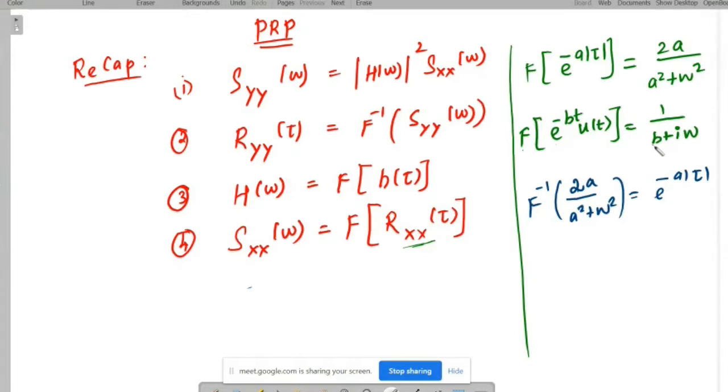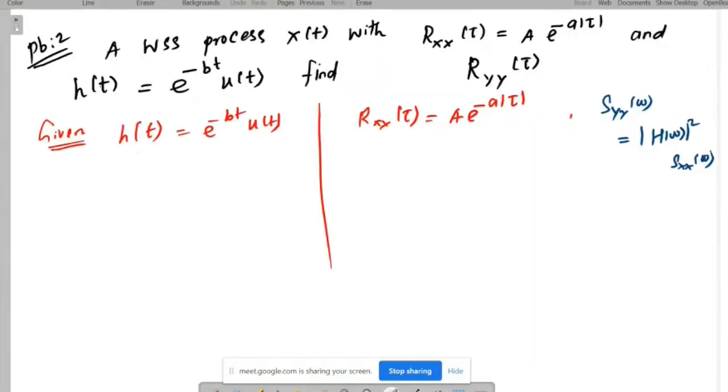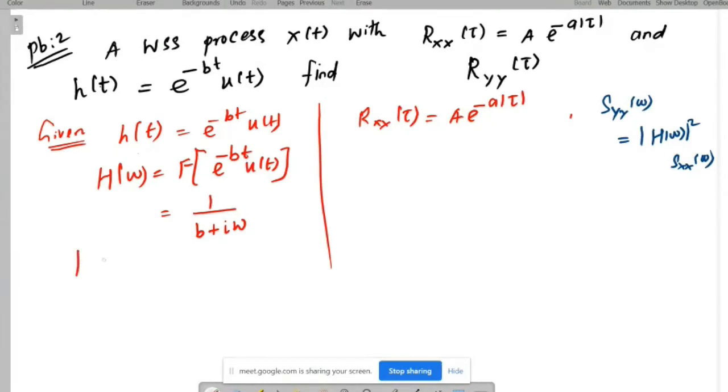So you may get H of omega equal to Fourier transform of e power minus bt u of t, which is equal to, directly I am applying the formula, 1 by b plus i omega. Instead of i we are putting j also, so no problem. So please try to find out modulus of H of omega.